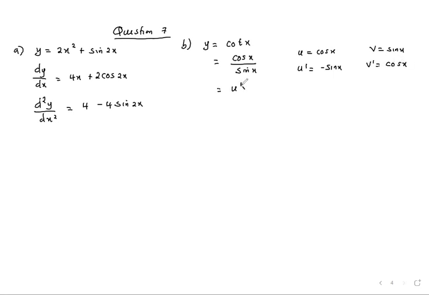And so u prime v minus v prime u over v squared. This is going to be negative sine multiplied by sine minus cos multiplied by cos, everything divided by sine squared.